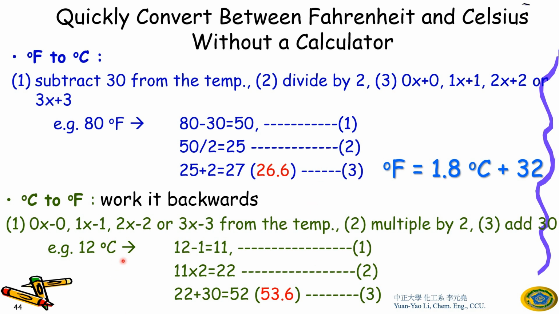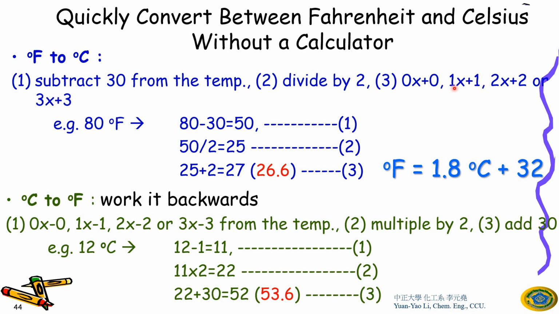Okay? How about this? If your friend from America comes to Taiwan, he says, wow, it's 12 degrees, cold or hot? Does he need to wear a jacket or a t-shirt? 12 Celsius. He has no idea, or she has no idea. So the way is that you work it backward.